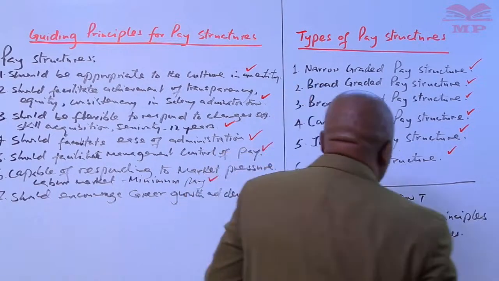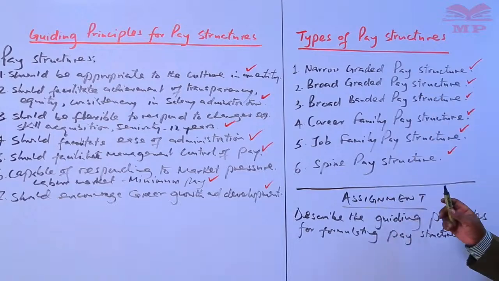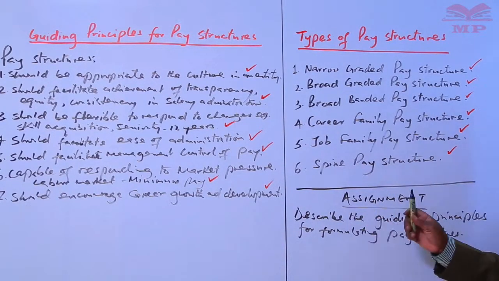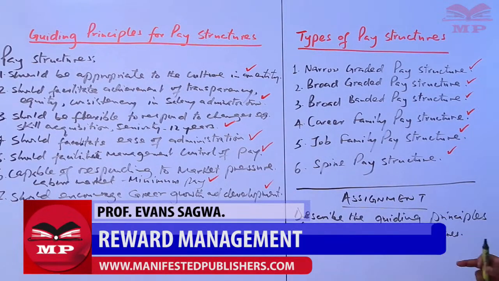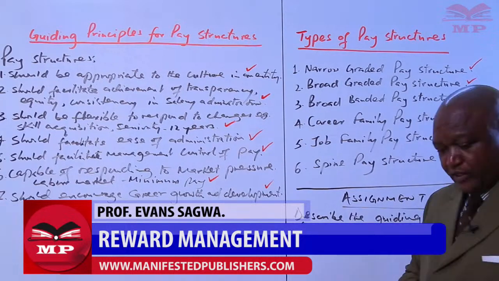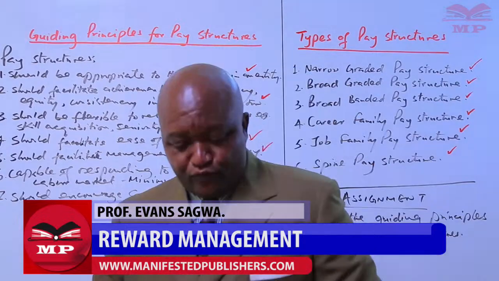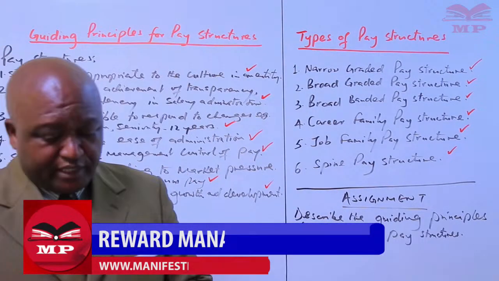So the assignment, your assignment for today's lesson, which was pay structures and wage systems, is to describe the guiding principles for formulating pay structures. So that is your assignment, dear learner, and thank you for being attentive and participating in our lesson today.